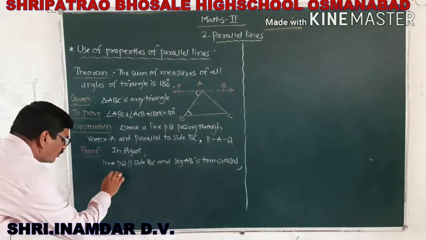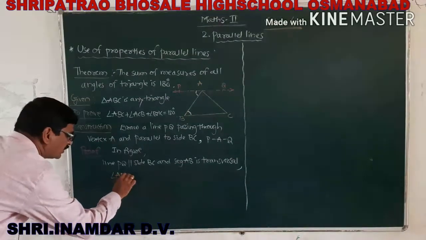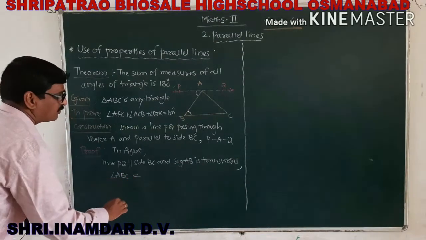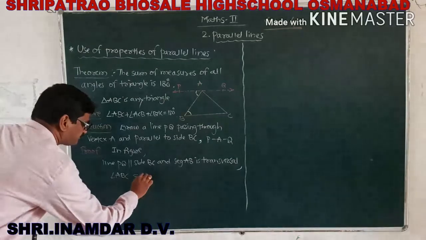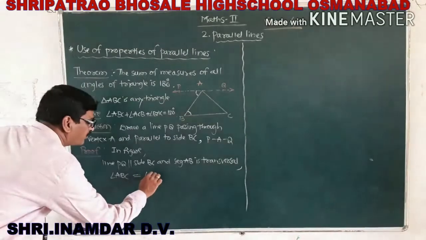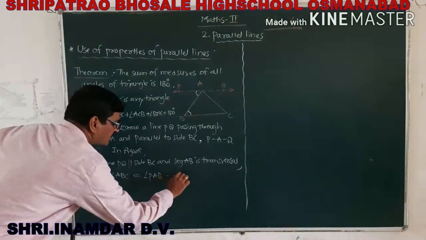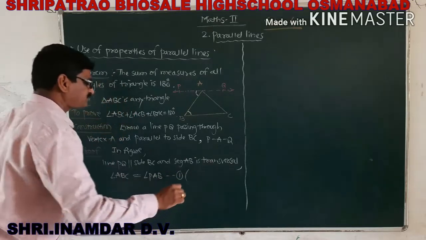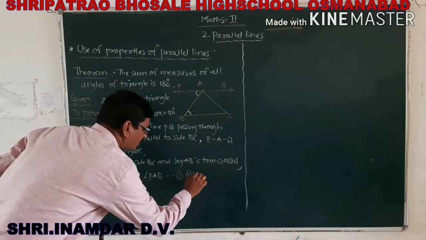At that time we get two angles. Angle ABC is equal to, or we write congruent here, angle PAB. This is number 1. Write the reason: alternate angles.